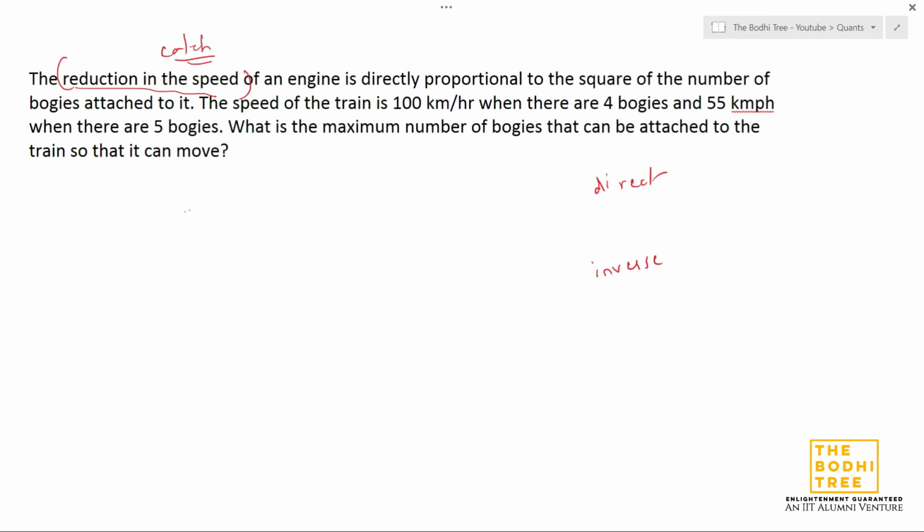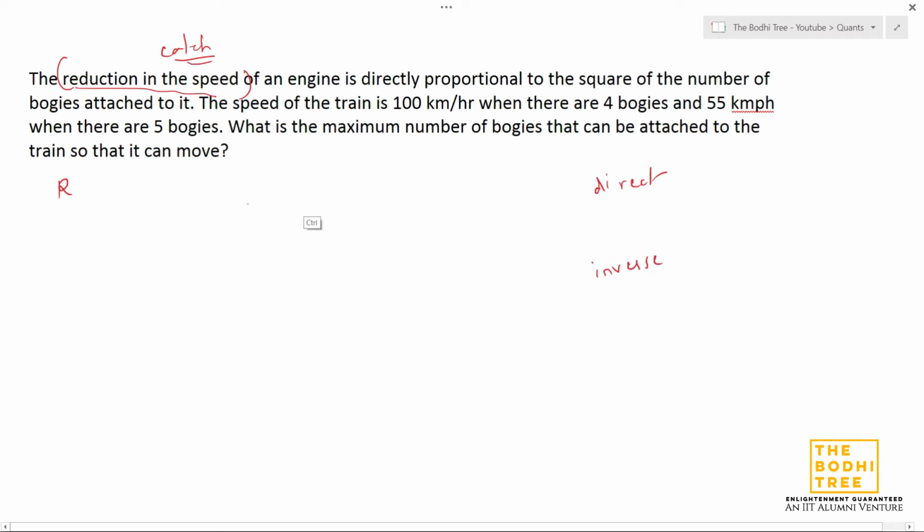So what they are saying, so we'll have to assume a few parameters. Let's say, suppose the reduction in the speed is given by r, right? Now what else do we need? Because we need reduction, we'll also need the speed of the engine when there's no bogie attached to it. And why do we need that?